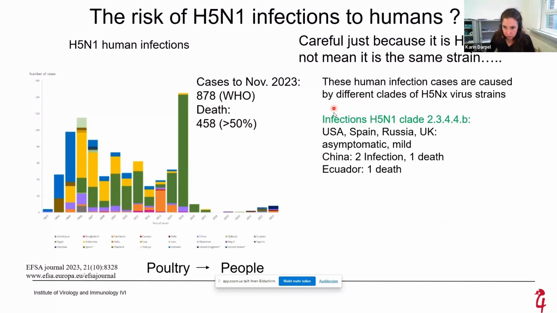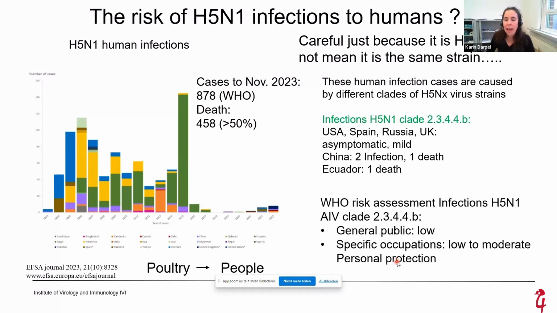And the infections with the currently circulating clade of H5N1 viruses, 2.3.4.4b, are actually relatively low. Therefore, the WHO risk assessment has classed the risk of infection with H5N1 avian influenza virus clade 2.3.4.4b for the general public as low.